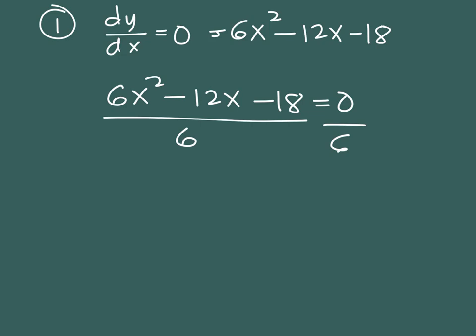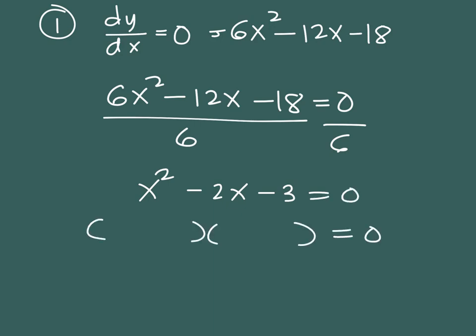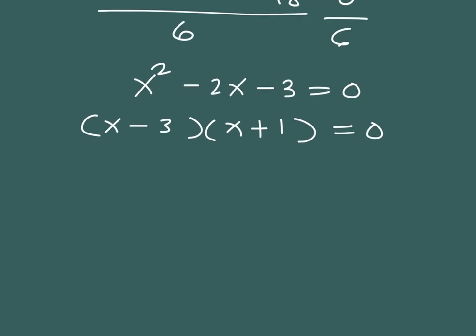So this will be reduced to x squared minus 2x minus 3 equal to 0. So if we factor, we have x minus 3 and x plus 1. That means the critical values are x equals 3 and x equals negative 1.